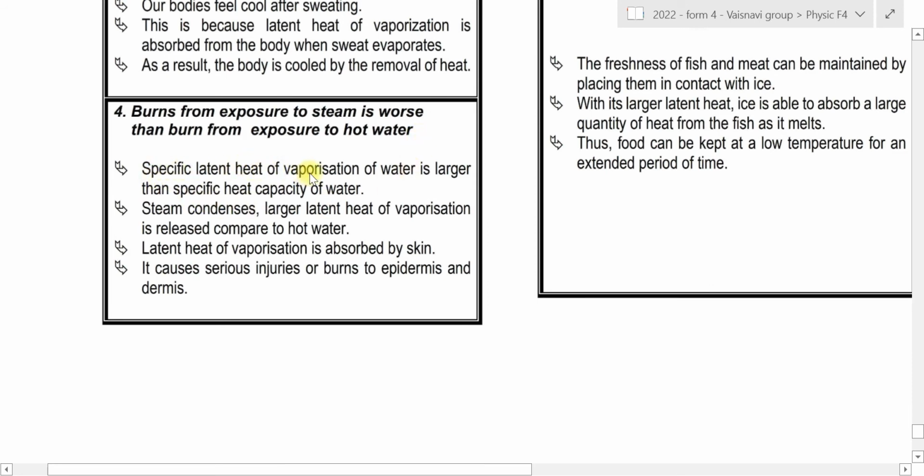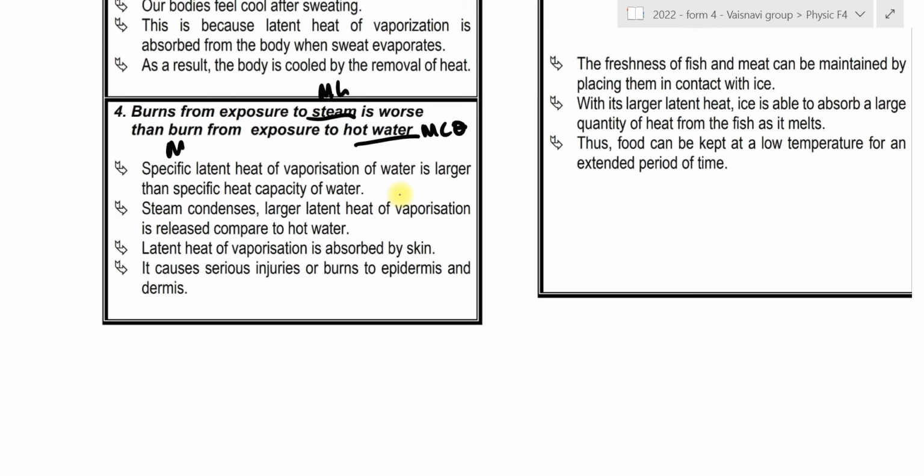The specific latent heat of vaporization of water, okay, is larger than the specific heat capacity of water. ஏன்னா அது ஸ்டீமா மாறுனுச்சுன்னா latent heat, அது ஹாட் வாட்டராக இருந்தால் mcθ. அப்போ அவங்க என்ன சொல்கிறாங்கன்னா, the latent heat value is very high compared to mcθ.